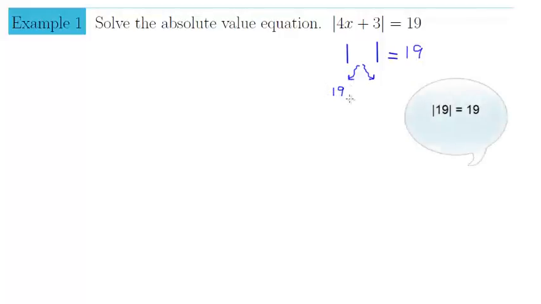Because if you take the absolute value of 19, you get 19. But then the second number is negative 19, because when you take the absolute value of negative 19, you also get positive 19.